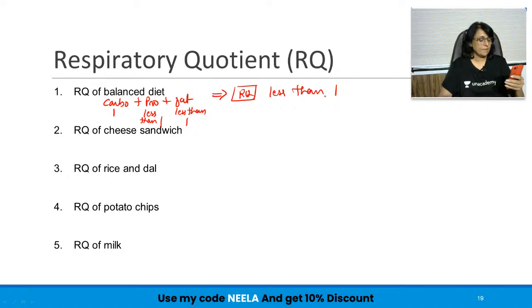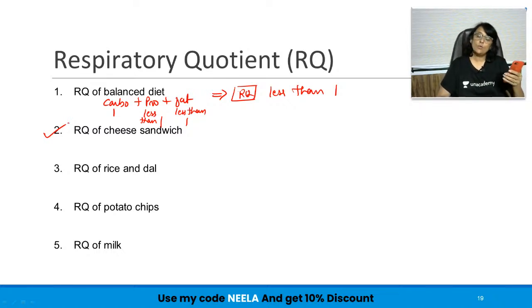Very good. Hiren has given the answer. Okay, because RQ is given at the end of it. But this is very important. That's why we take it in the beginning. Alright, can you tell me the answer for the second one? You had cheese sandwich.